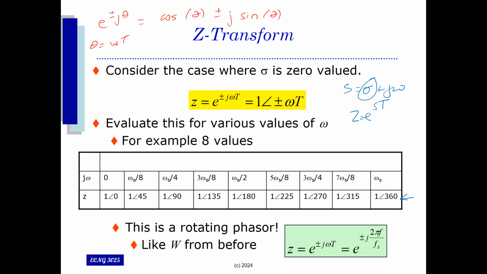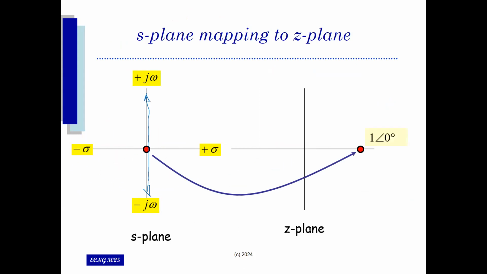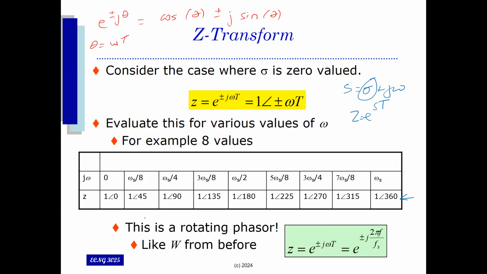So if I were to plot this, remember, S is equal to j omega. S equal to j omega is going up and down this axis here. Right? Now if I map that, remember the first point here, if I go back to my table briefly, this is the point 0 here.